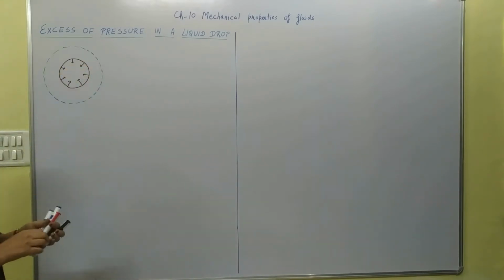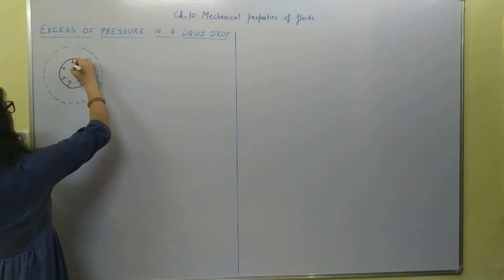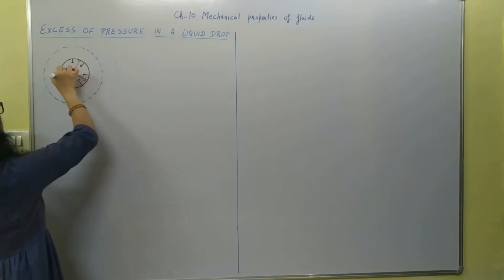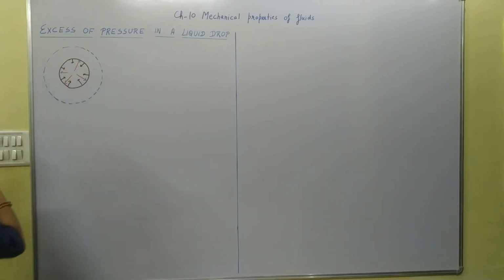So to counterbalance this, an excess pressure force will act outwards to keep it in equilibrium, right?